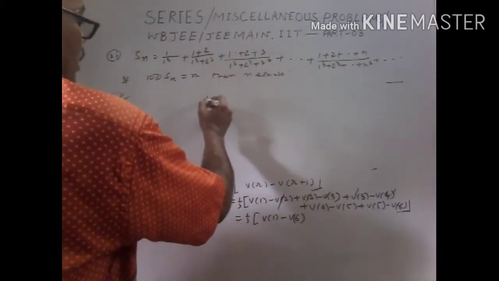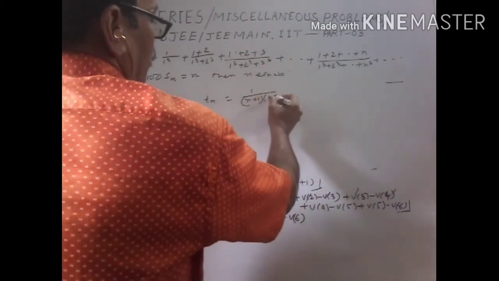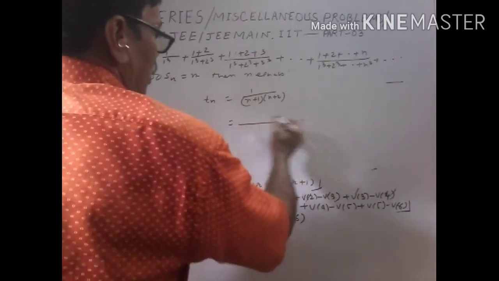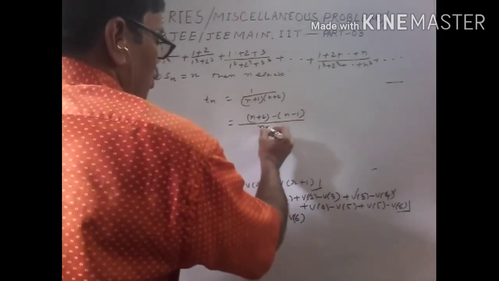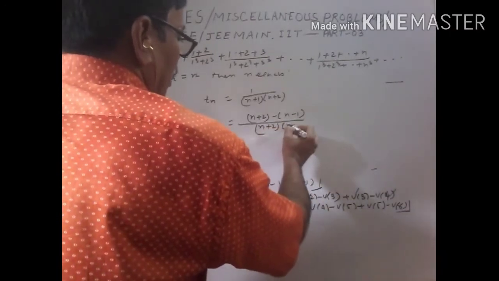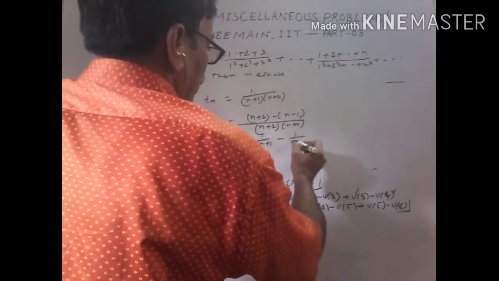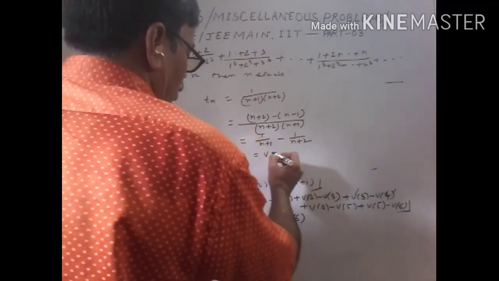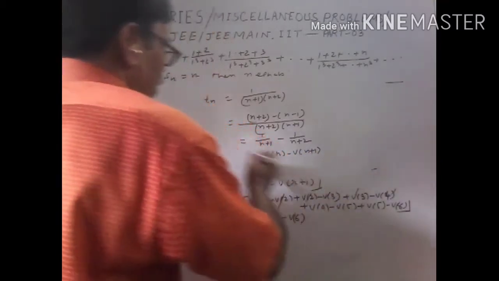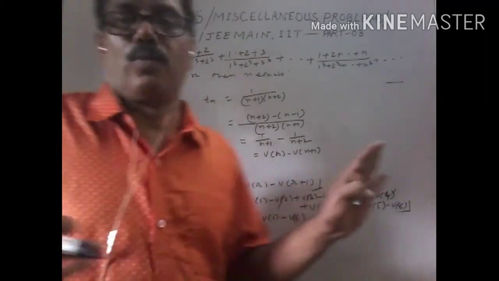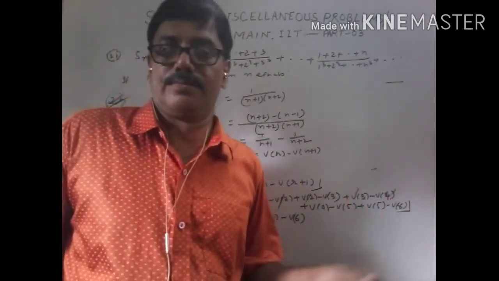Suppose Tn equals 1 by n plus 1, n plus 2. What is the rule? N plus 2 is the highest, n minus 1. No need of balancing. So this is 1 by n plus 1 minus 1 by n plus 2. If you consider this as Vn, this will be Vn plus 1. So if you take the sum, the whole term will be cancelled out, only the first and last will remain.